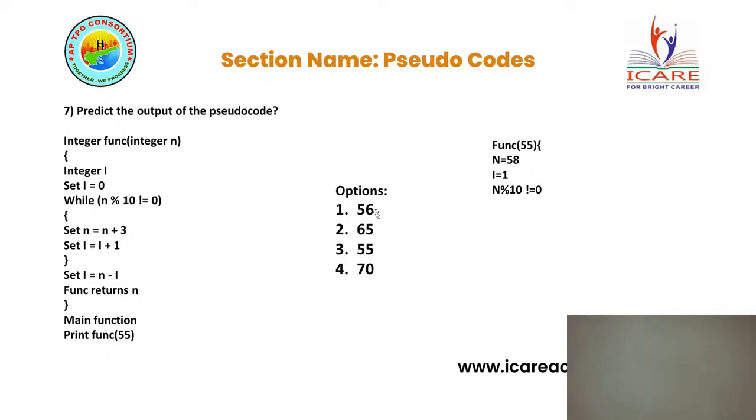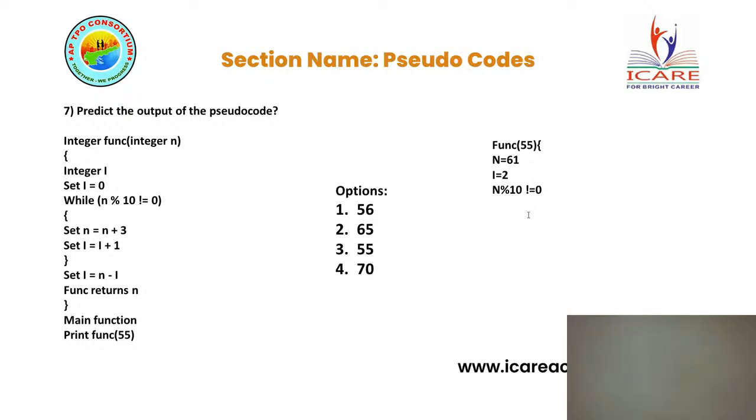So again, while n modulo 10 not equal to 0, the n value is 58. 58 modulo 10 is 8. 8 not equal to 0, the condition is true. Again it enters the while loop. n equal to n plus 3, so 58 plus 3 becomes 61, and I becomes I plus 1, which is 2.